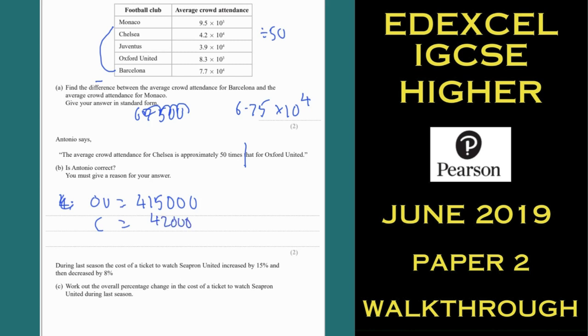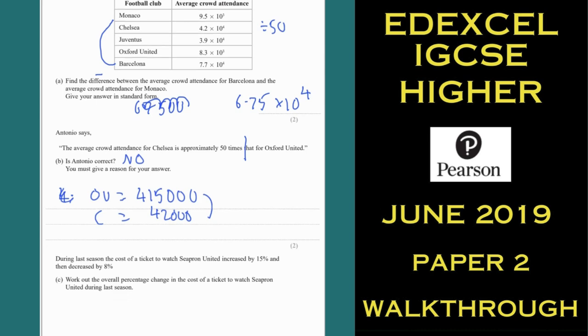They look similar if you were to just observe them and do them by sight, but they're not. They're out by a factor of 10. One's in the hundreds of thousands, one's in the tens of thousands. Is Antonio correct? No chance. All right. They start with a 4, but that's the only thing they've got in common.